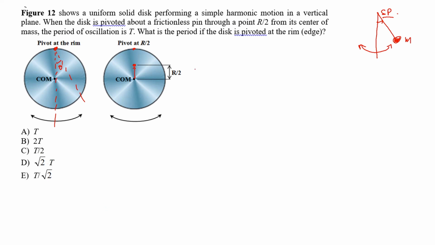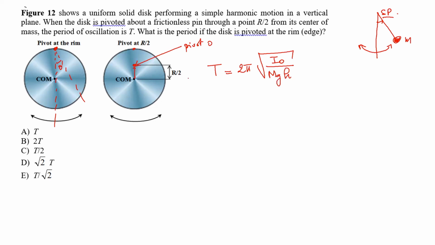So the first T is when the pivot point is here, right? Pivot point is here, O. So period of a physical pendulum, formula sheet, is 2 pi square root of the moment of inertia of the physical pendulum with respect to the axis of rotation here, which is O, divided by mgh.